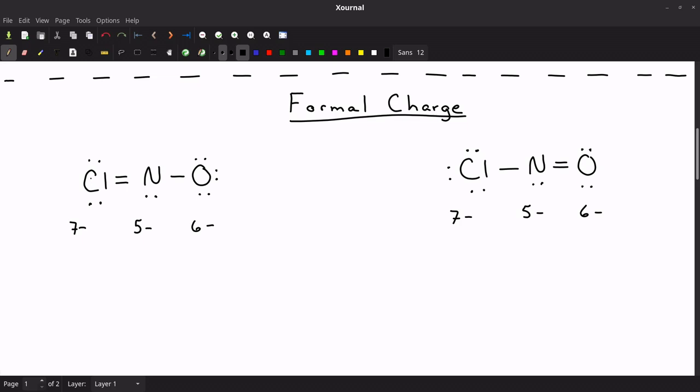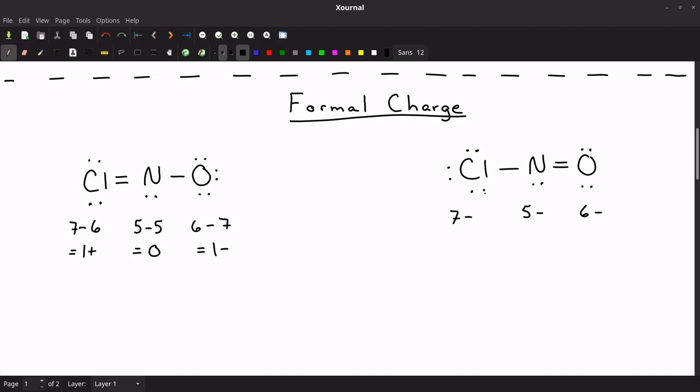So let's do it from chlorine's perspective. 1, 2, 3, 4, 5, 6, minus 6. That gives it a positive 1. Nitrogen, 1, 2, 3, 4, 5, minus 5, he gets 0. Oxygen, 1, 2, 3, 4, 5, 6, 7, minus 7, he gets a 1 minus.